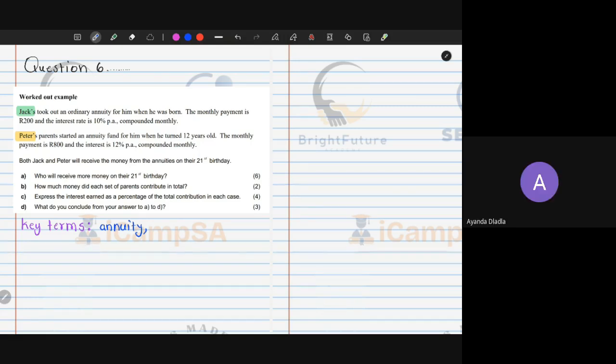Monthly payment. Yep, I see they say monthly payment. So that tells me, okay, we are making deposits here. And when you look carefully, they are planning for their 21st. So if they are planning for the 21st, that makes it a future value one, isn't it, guys?